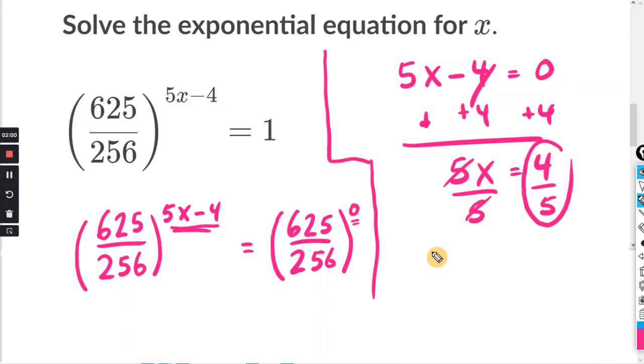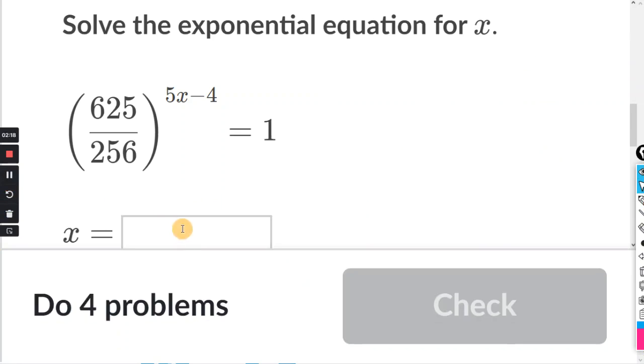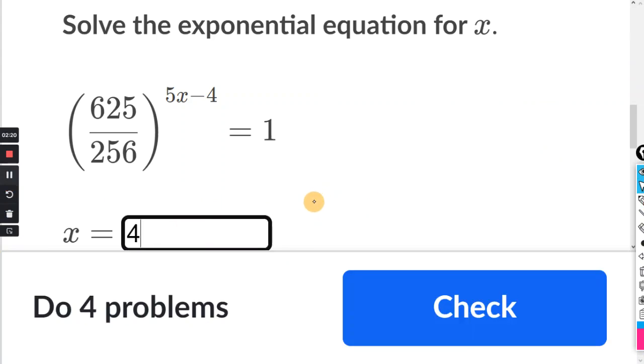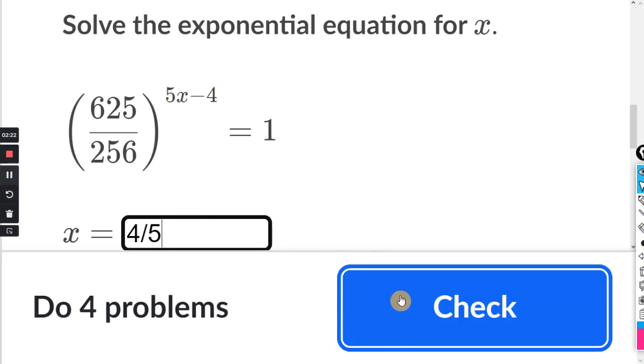X equals 4/5. So again, the idea was to convert the 1 into this fraction right here raised to a certain power, so the numbers would match, and then we could match the exponents. So in the box, you just type 4/5.